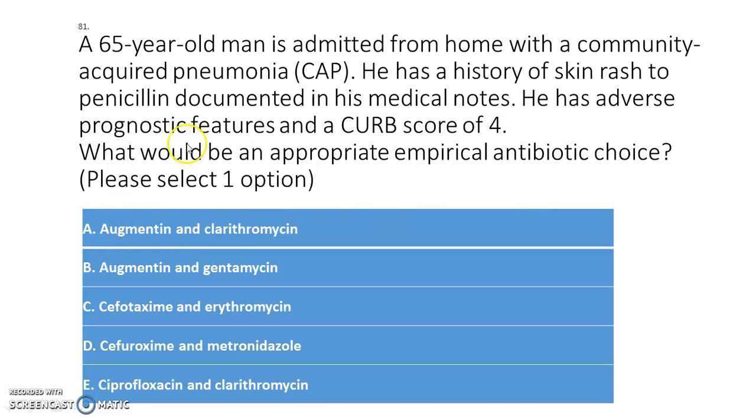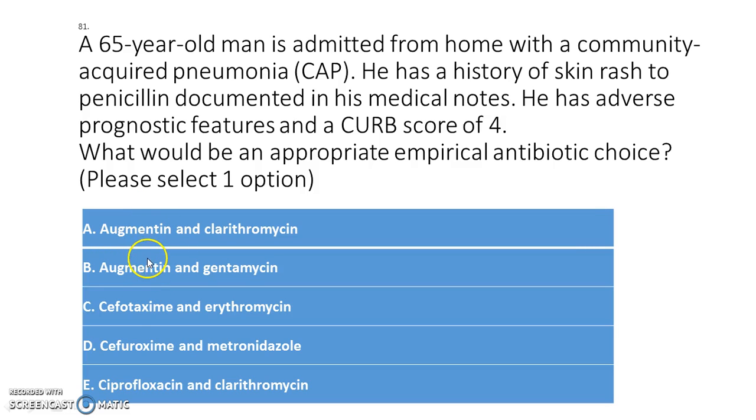And we know that this patient has a history of skin rash to penicillin. So he has a sensitivity, he has an allergic reaction to penicillin. So therefore giving augmentin is contraindicated. Okay, so you don't give augmentin.